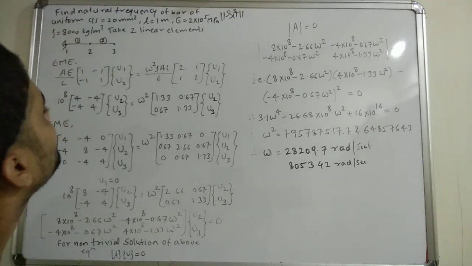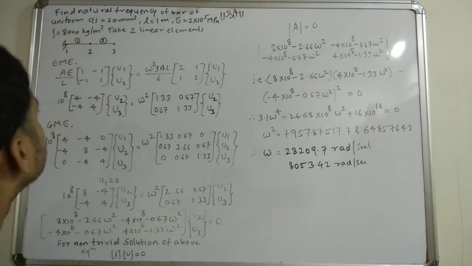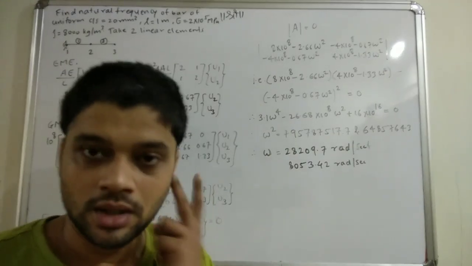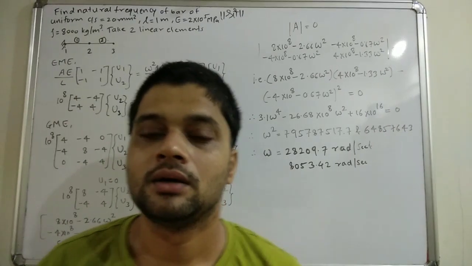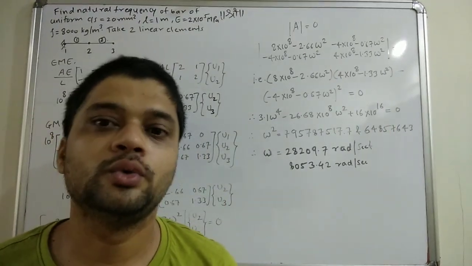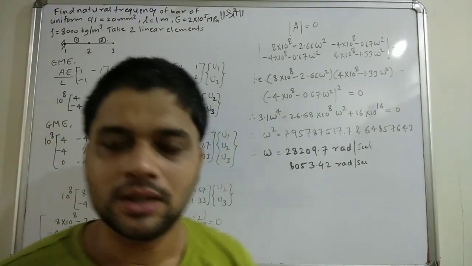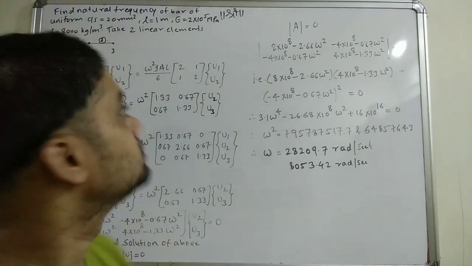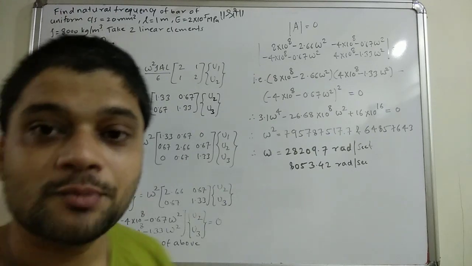Since they have asked us to take length as 1 meter, if we divide it into two elements, the individual element length will come as 0.5 meters.